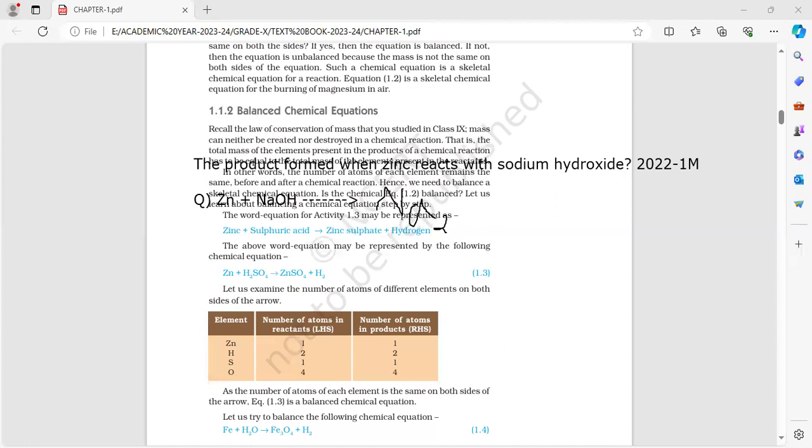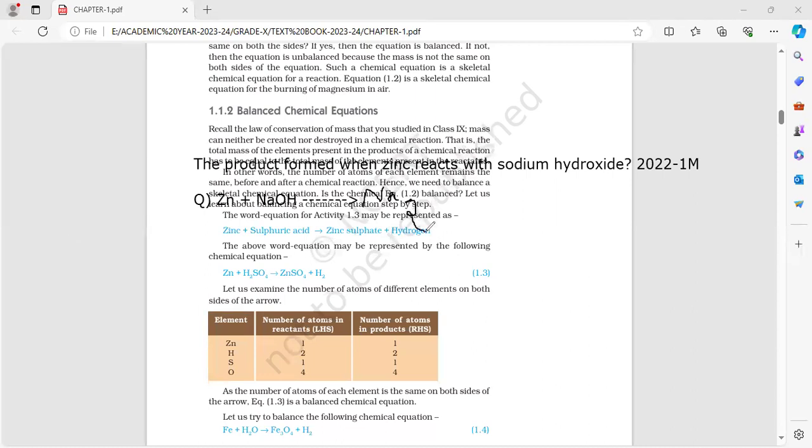Using the mouse, the handwriting is not that clear.